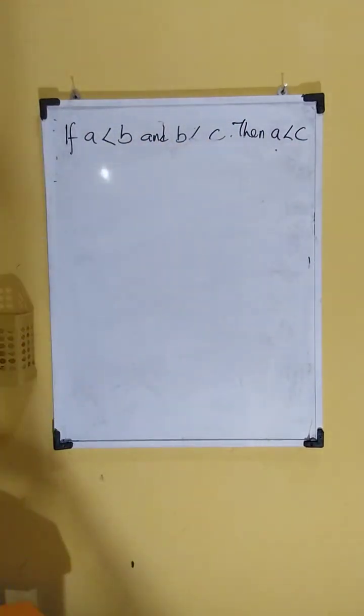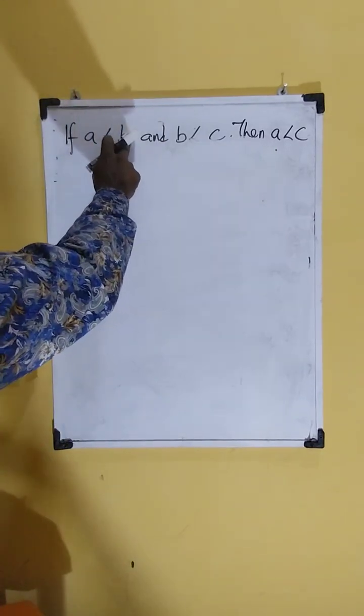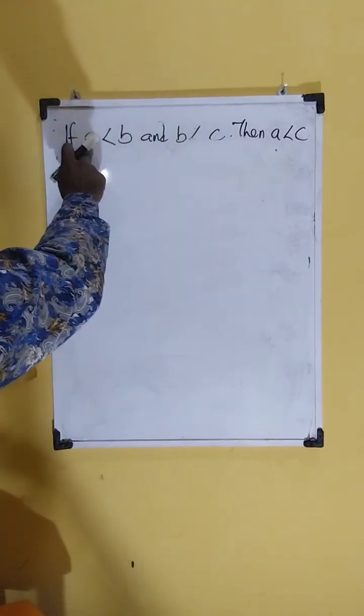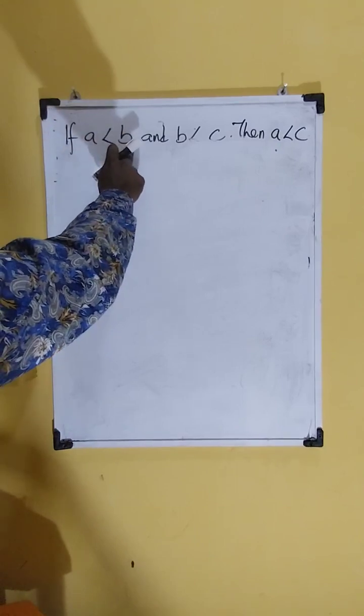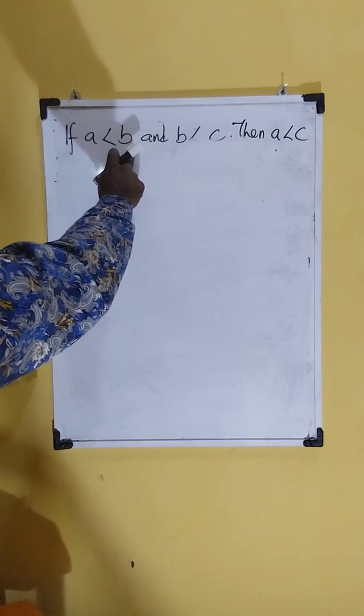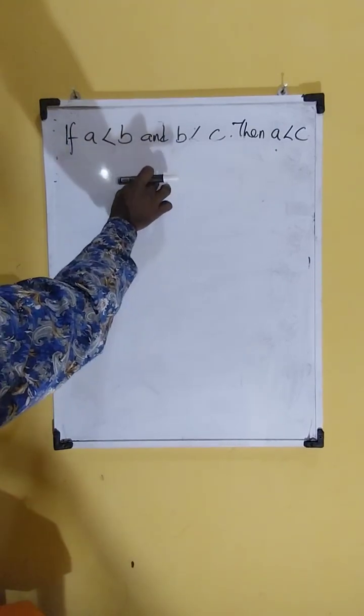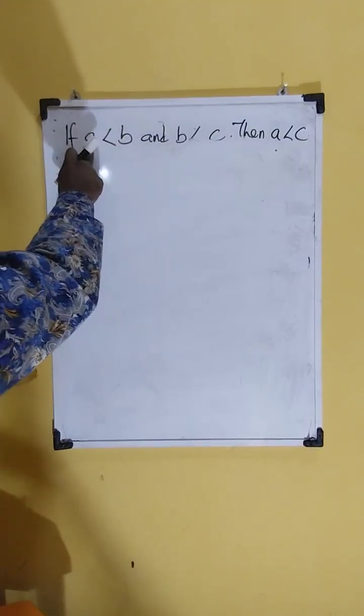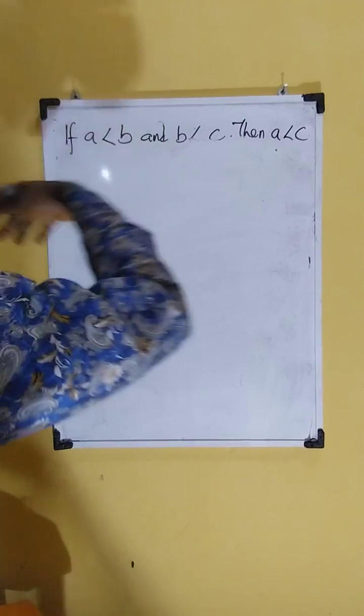This is what you do to interpret it. You first of all look at here. When they say A is less than B, it means that the number B will be bigger when you represent it, and the number A will be smaller. Once you get this part, you have gotten the other part.